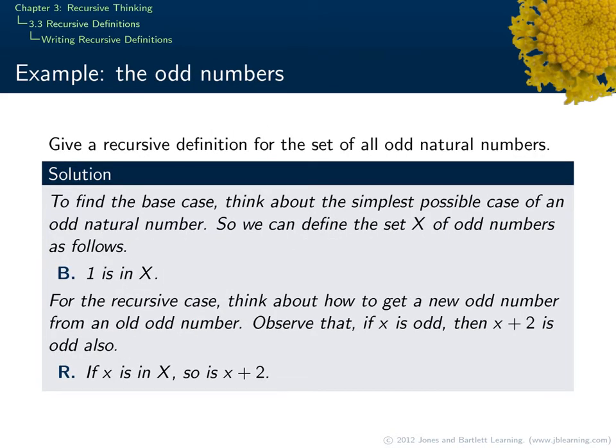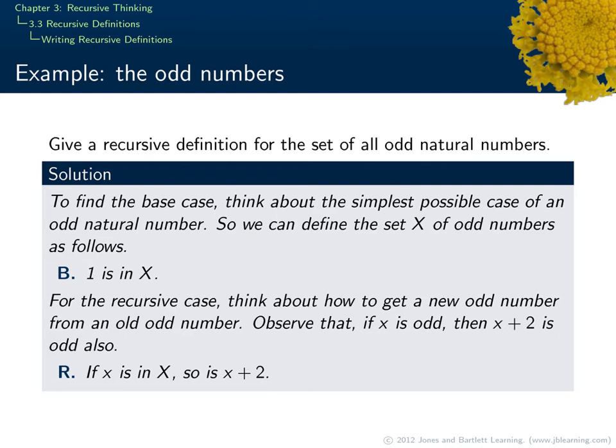Okay, another object or set of objects that we can define recursively is the collection of odd natural numbers. So again, maybe it's a good idea to pause the video, go away, and see if you can do this definition recursively. Okay, now that you're back, maybe you did this, right?